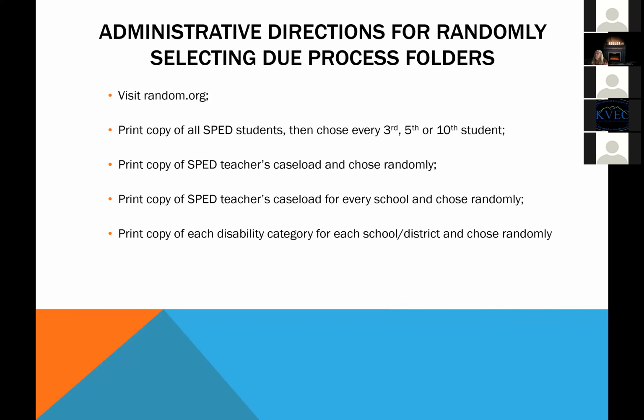Print a copy of the special ed teacher's caseload and choose randomly. You can also do the special ed teacher's caseload for every school and choose randomly. You can also do each disability category for each school or the district and choose randomly. So there are several ways that you can go about doing this randomly. It's just however you choose to do it.